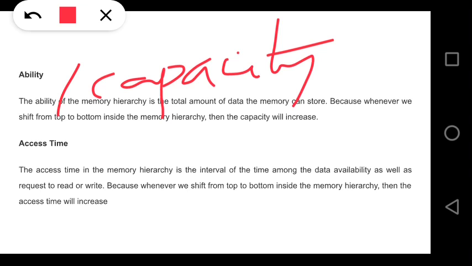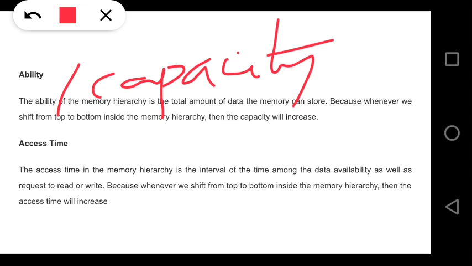In general, access time means the time required to access a memory word. And when you say access with respect to memory, we have two operations, read and write. So the access time for a read operation is different from the access time for a write operation. The amount of time required to access a word is definitely not going to be the same as the time required to perform a write operation.